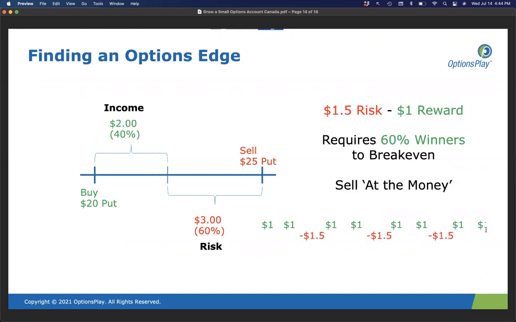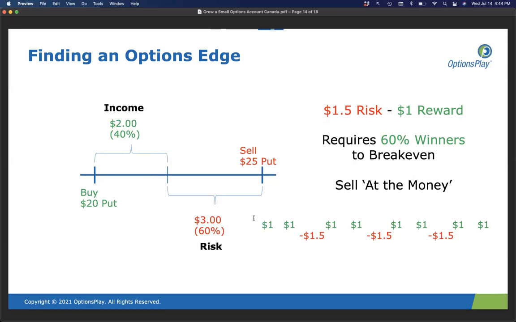But what you want to do as an investor is move yourself closer and closer to collecting 40%. Because if you collect 40% of the width, for every $3 you risk, you can potentially make $2. That means for every $1 you can make, you are risking only $1.50.